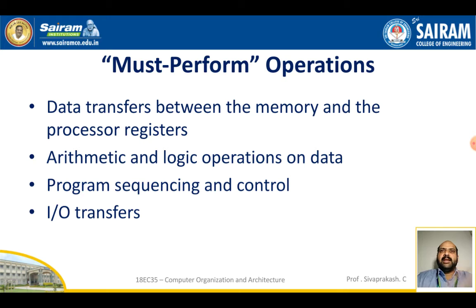First one, data transfer between the memory and the register. For example, we can say move, push, pop, exchange, etc. These are the examples of data transfer between the memory and register.